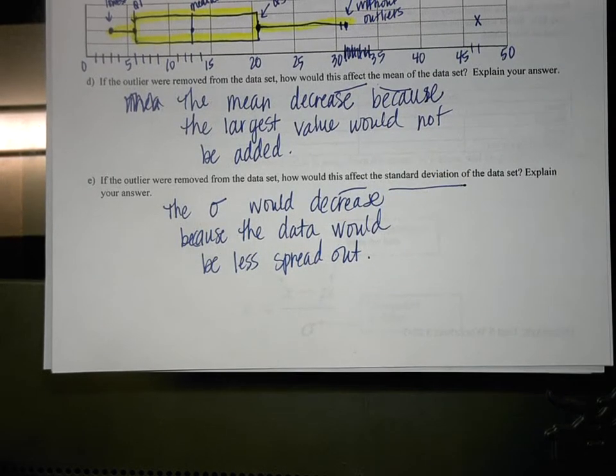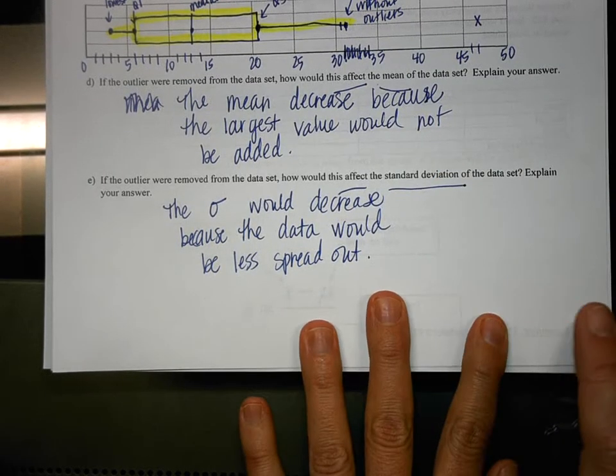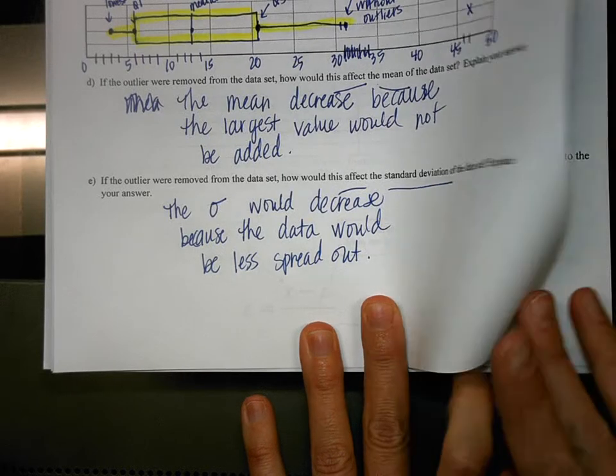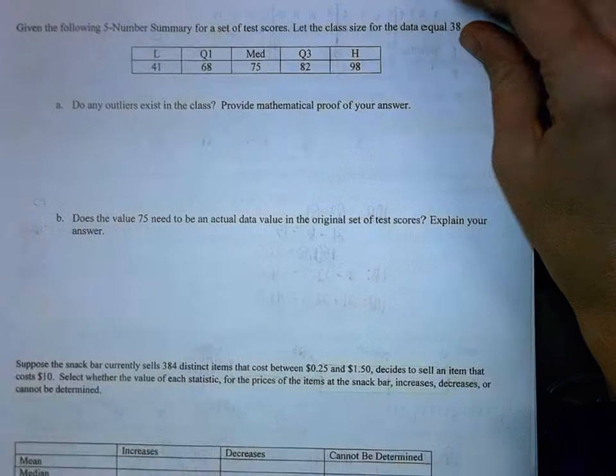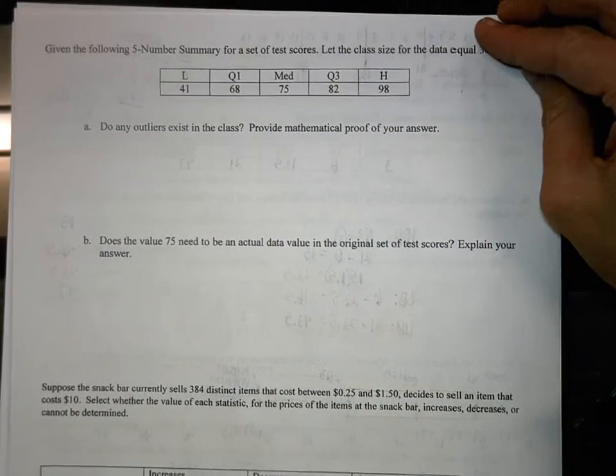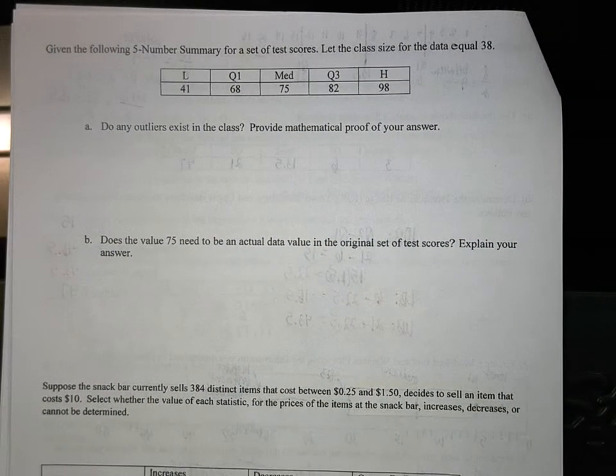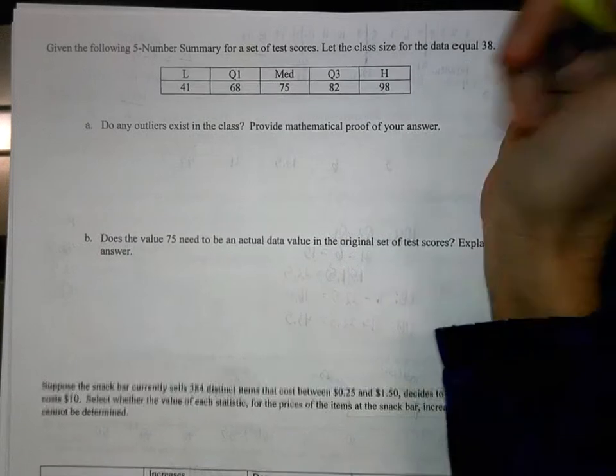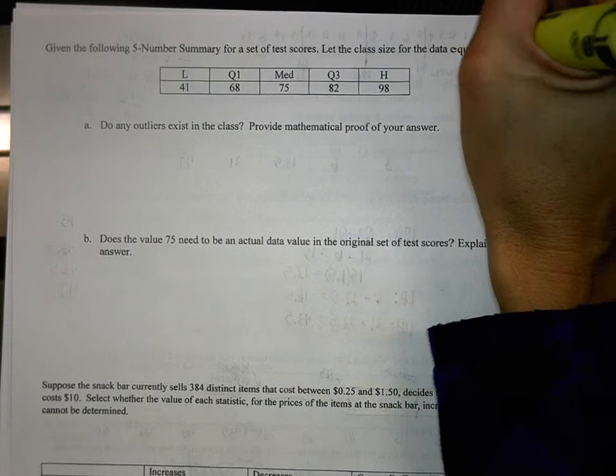So, last couple examples. The nice thing about this data set is that they've already given you your 5-number summary. Okay? Important information, though, that they've given here is that they're telling you that the class size is 38.